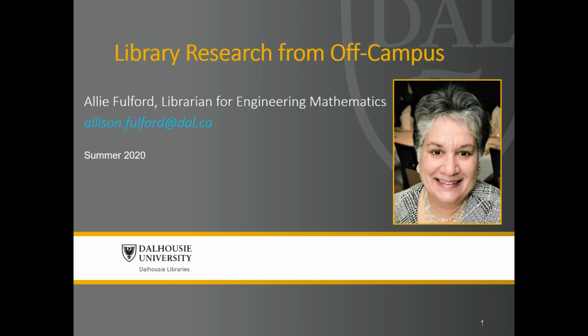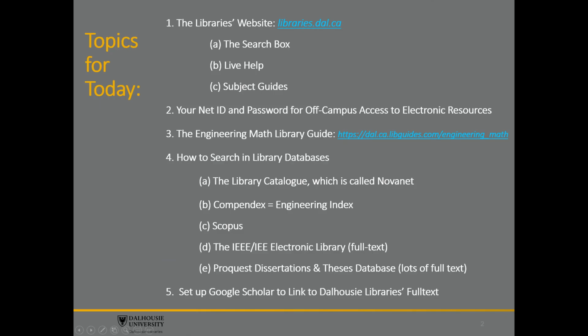So specifically, we will talk about today the library's website, which is libraries.dal.ca, and in particular I want to cover three aspects: the search box, the live help service, and the subject guides. We'll also talk about your net ID and password for off-campus access to electronic resources.